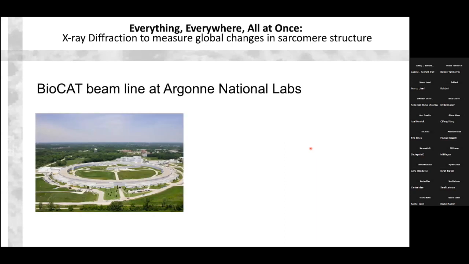as a whole. So because of that, we teamed up with Anthony Hessel, who you heard from this morning, and Wei Kong and Tom Irving, and went to BioCAT at Argonne National Labs. And I think we were fortunate to be some of the last people who got to use Argonne right before its dark period here.